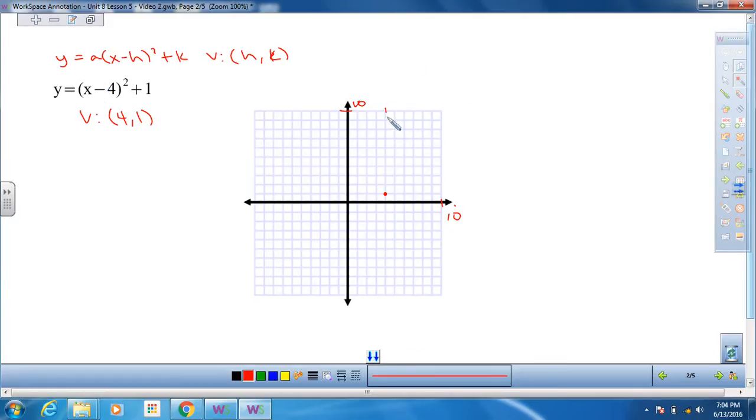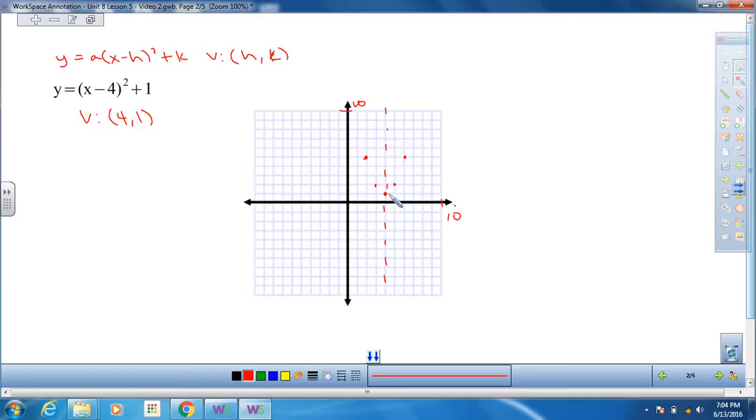So if I use the pattern. The only time you're not going to use the pattern is if your a value is something other than 1 or negative 1. Over 1, up 1, and match on the other side. Go back to your vertex, over 2, up 4. Match it on the other side of this line of symmetry, that's why I draw it there.